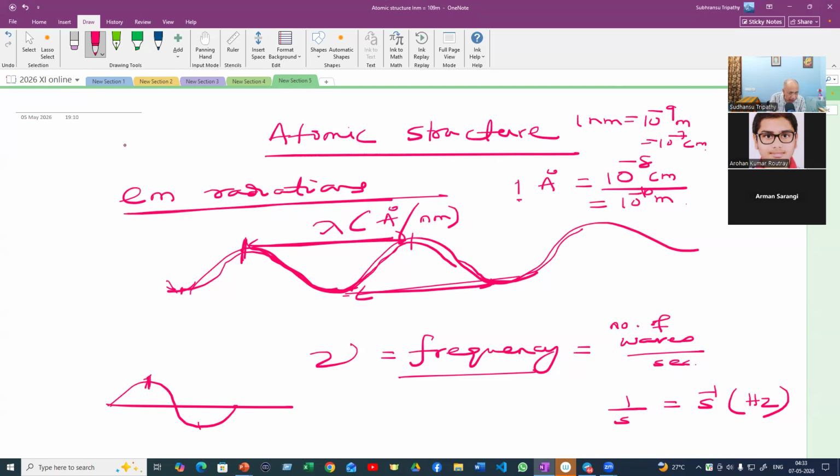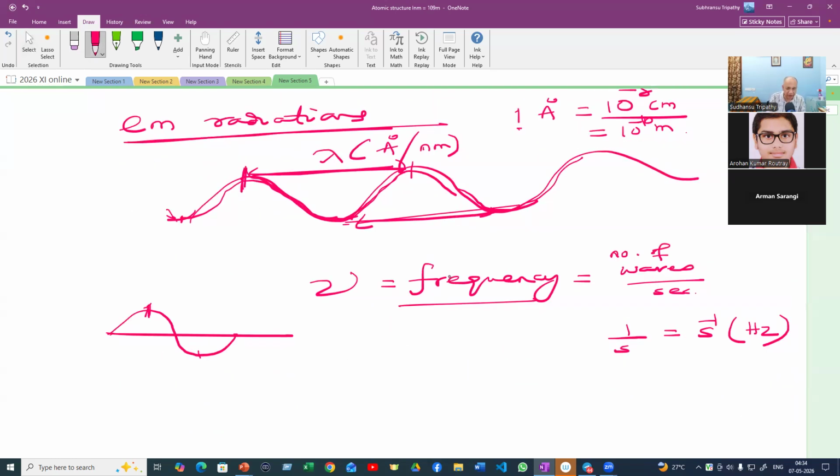Start from 0 and then go to the maximum amplitude, come back to 0, go to the maximum negative amplitude, and then come to 0. This is a full wave, a cycle. And the number of such waves passing through a particular point per second, that is called the frequency of a wave. So unit is second inverse. In physics, they call it hertz. But in chemistry, we don't write hertz, we write second inverse.